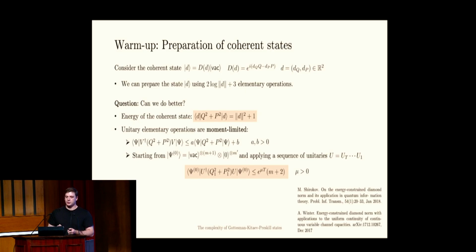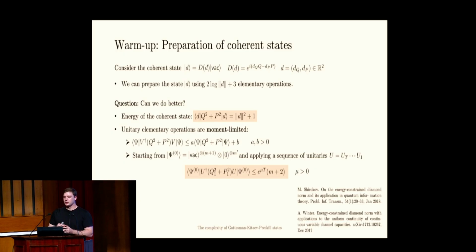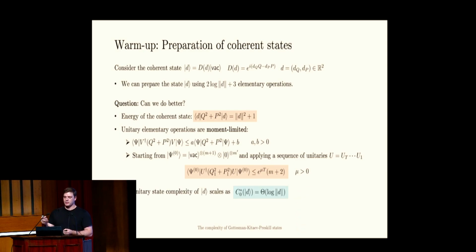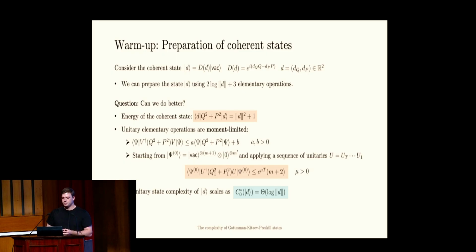So in particular, if we start with this initial state and apply a sequence of size t, the energy can grow at most exponentially. And so only from energy considerations, we can see that we need at least logarithmically many operations. This gives a lower bound, and combining with the concrete preparation protocol, we've fully characterized the complexity of this coherent state for its exact preparation.